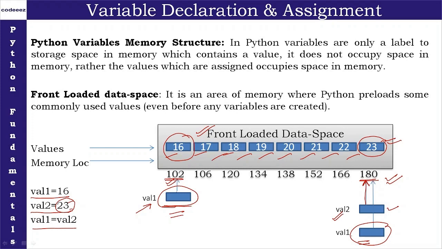Now val2 and val1 both have the value 23, right? So it is very clear that a single value, in this case 23, can be pointed to by multiple variables. Both variables val1 and val2 are pointing to the same location, 180, which contains the value 23, right?